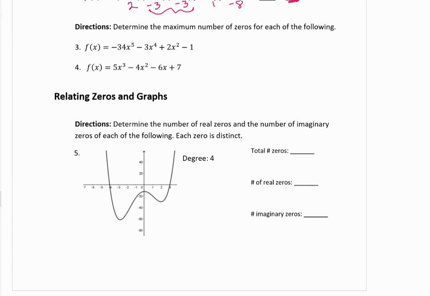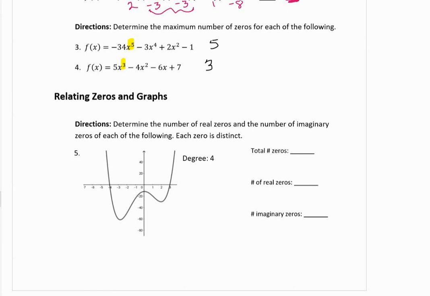And the maximum number of zeros is going to be found by looking at this exponent up front, my biggest degree. If I have a polynomial of degree 5, then I can have 5 zeros. If I have degree 3, I can have 3 zeros.